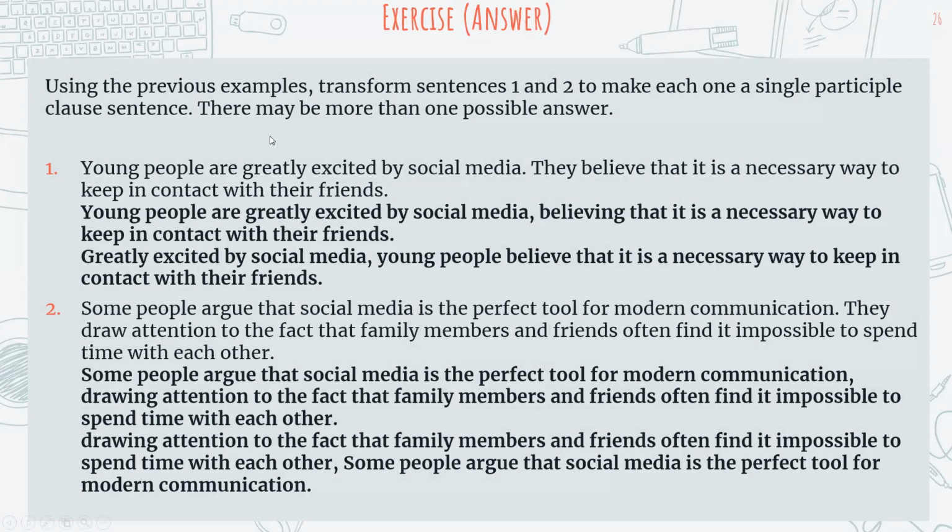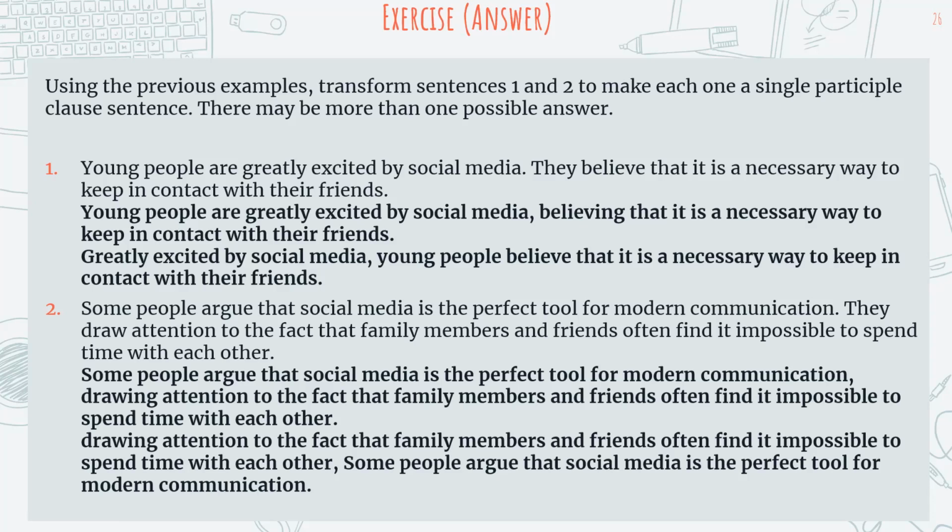Okay, for these two examples here, it says young people are greatly excited, okay, by social media, believing that it's a necessary way to keep in contact with their friends. Here I removed "they believe," and of course I put a comma in place of the full stop because I'm creating one complex sentence, and I used the present participle to connect these two clauses now, not sentences.